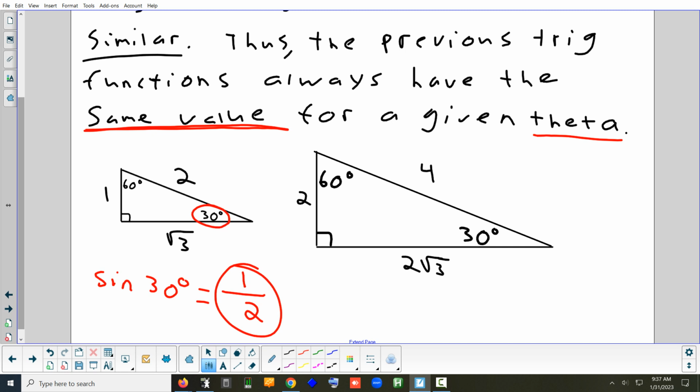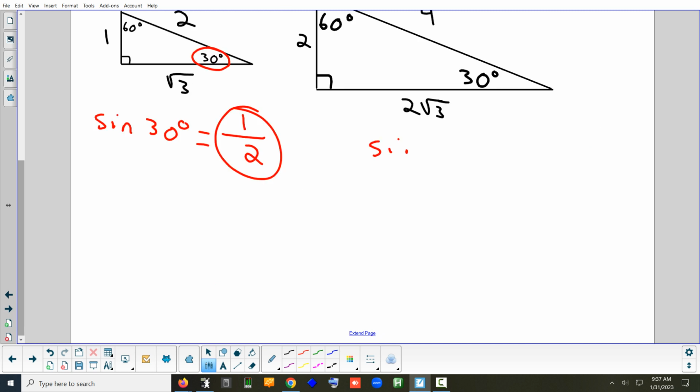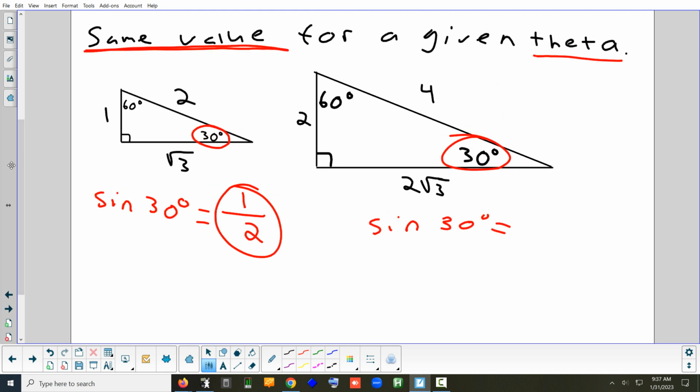Now let's do it in the big triangle. So same thing. Everything is from the perspective of the 30 because I picked the 30. That's the only reason. What side is opposite 30 in the big triangle? Yep. 2. And sine is opposite over hypotenuse.